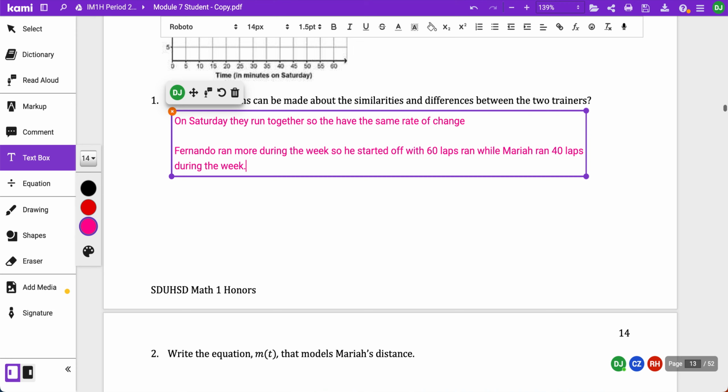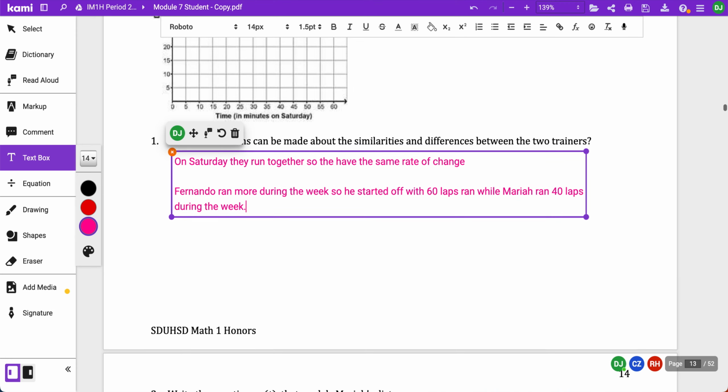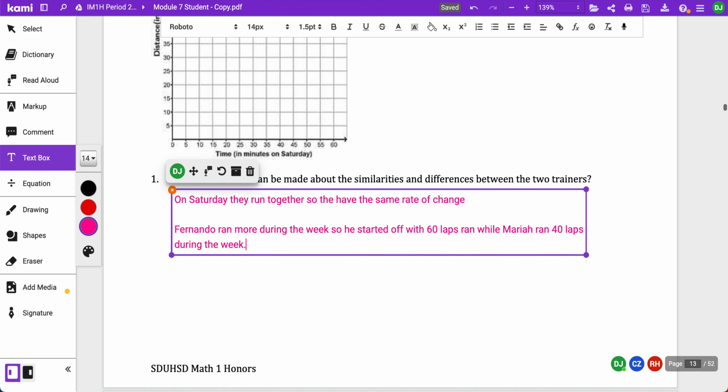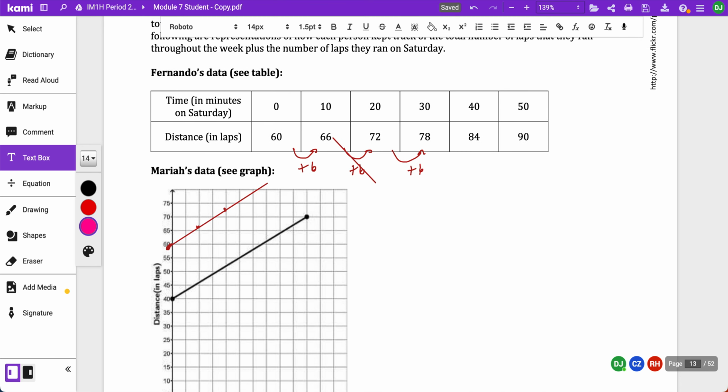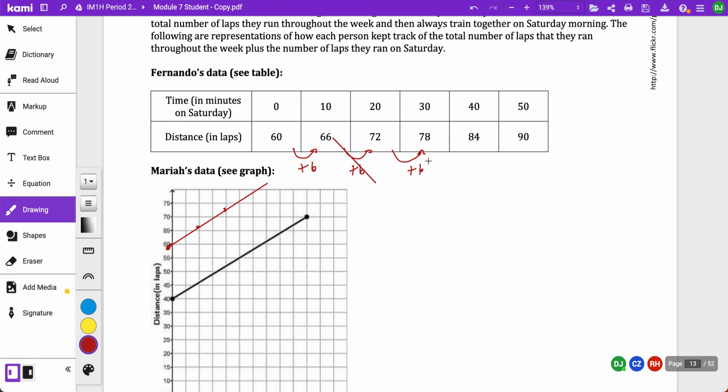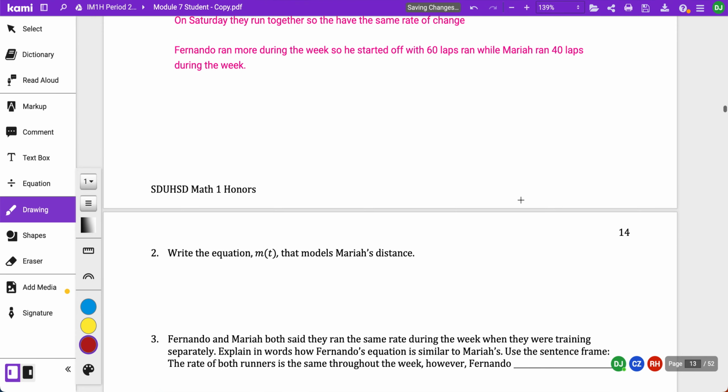All right, so then it says write an equation for Mariah. Well, they're running together, so their slopes would be the same. When we look at change in y over change in x, this would be 6 over 10, which reduces to 3 over 5. So that is their rate of change.